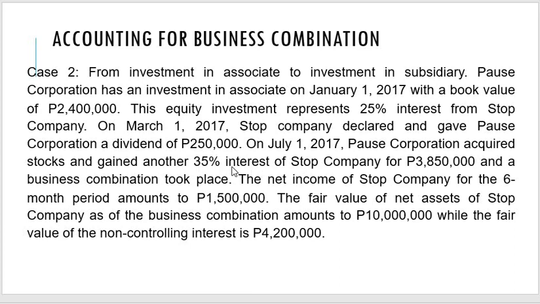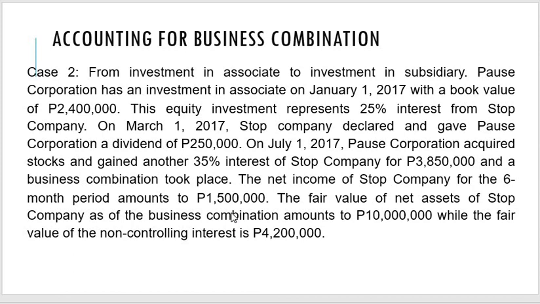So that's 35% and 25%. That's 60%, no? So it's more than na 50%. So that's investment in subsidiary na in accounting, no? So that will use IFRS 3 na, accounting for business combination. Okay, so the net income of stock company for the 6 months period amounts to 1.5 million.